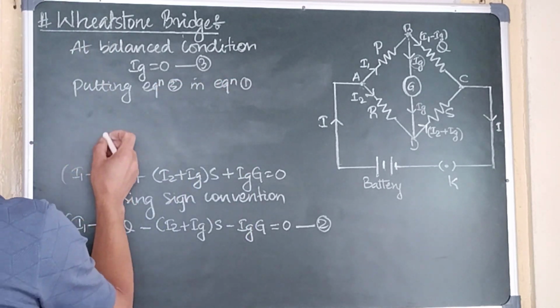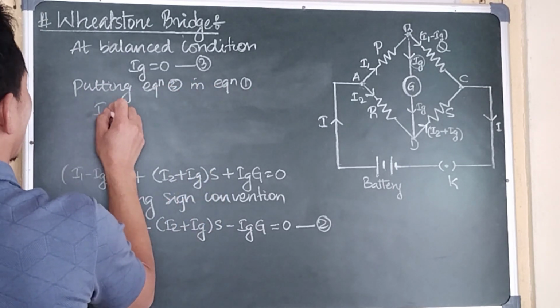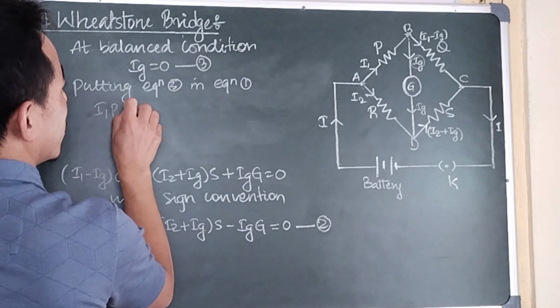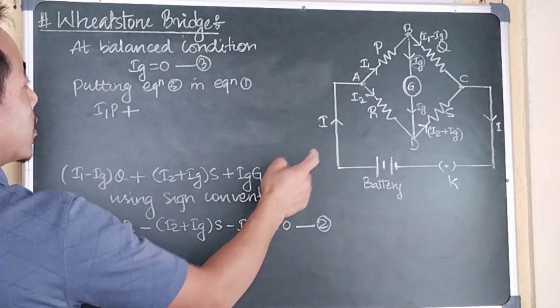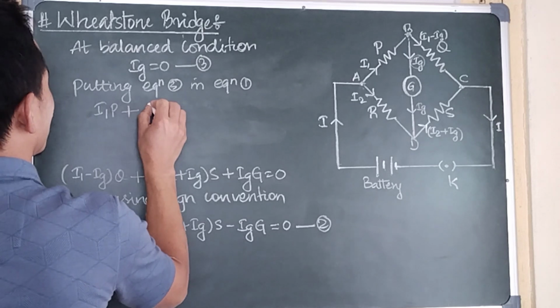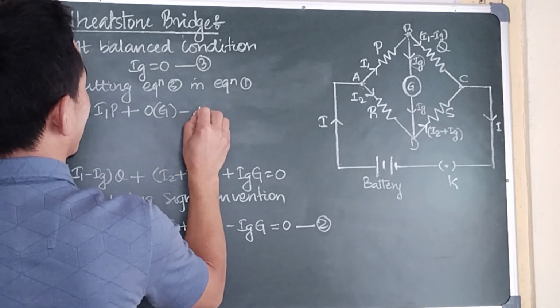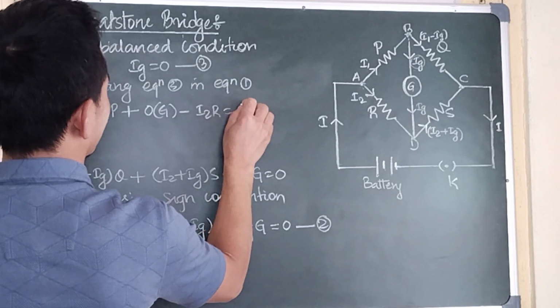What do we get? In equation number 1, we have I1P plus IG into G, but the value of IG is 0, so 0 into capital G, minus I2R equals 0.